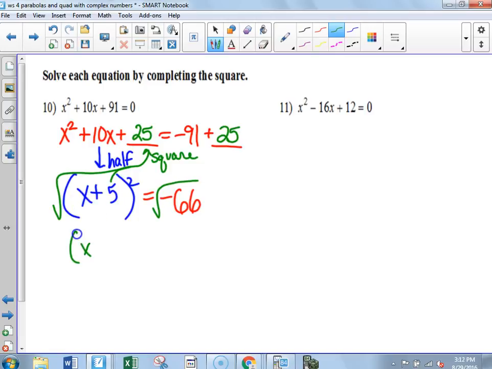This side is just going to square root down to x plus 5 plus or minus what's happening over here. What do you think? 6 times 11 is what I see right away. Anything going to be perfect in there? Okay, last step.